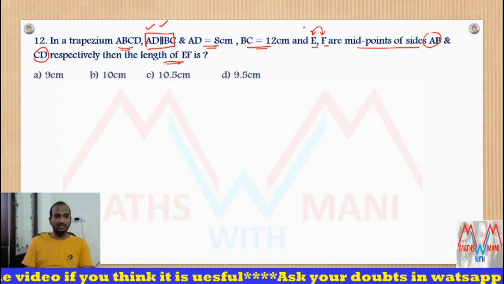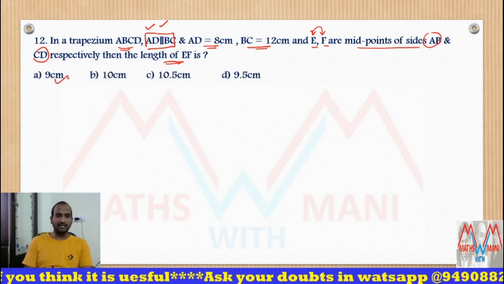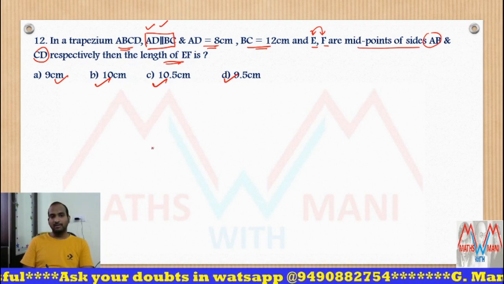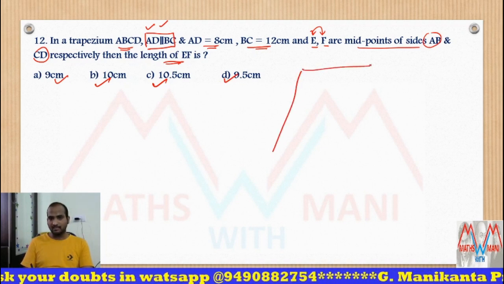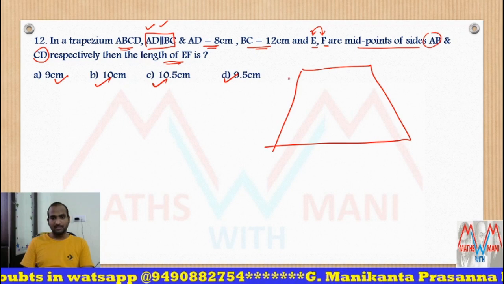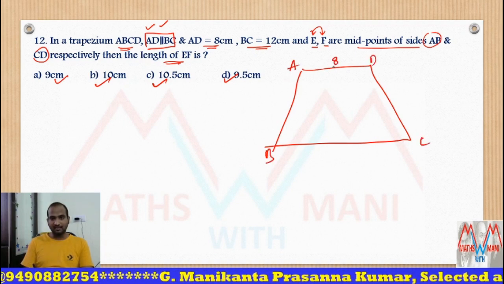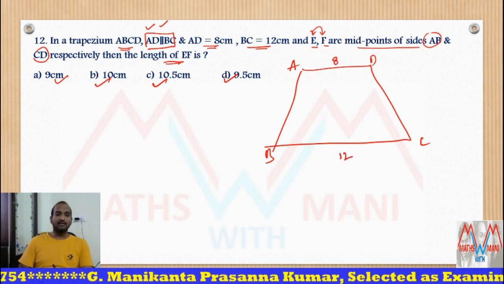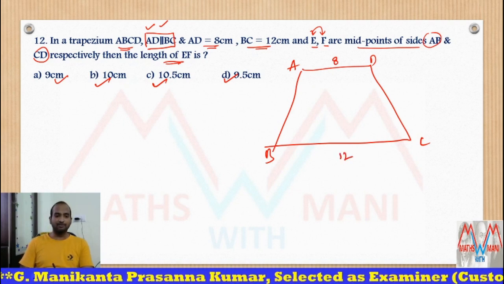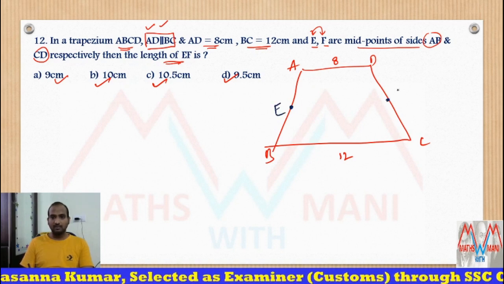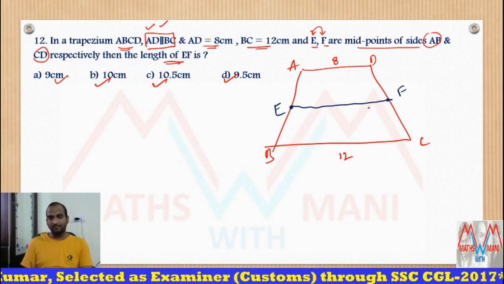The options are 9, 10, 10.5 and 9.5. If I draw a trapezium like this, with AD and BC, this is 8 and this is 12, and E, F are the midpoints of AB and DC, you have to find the length of EF.